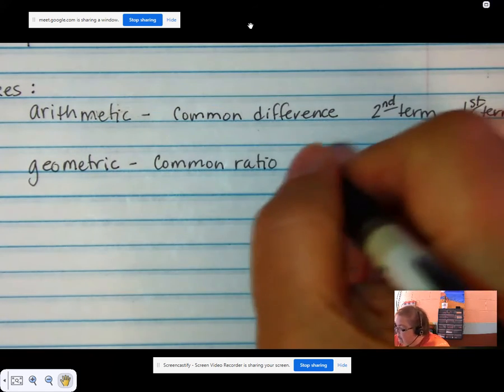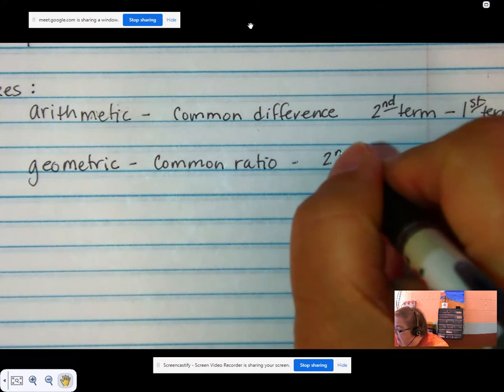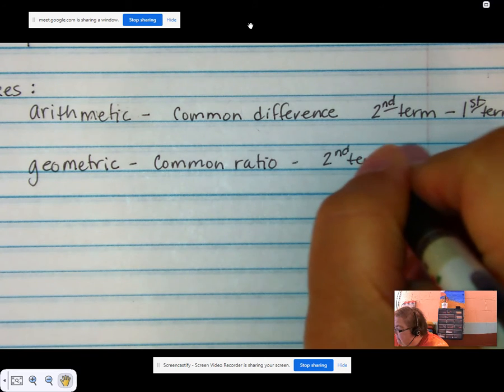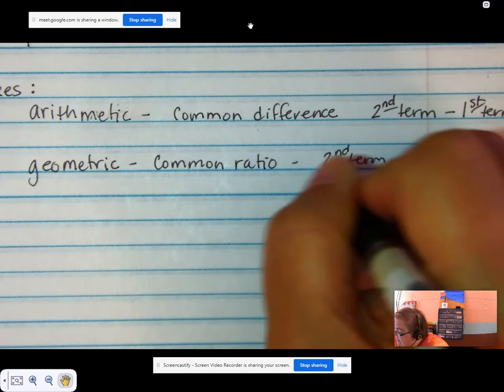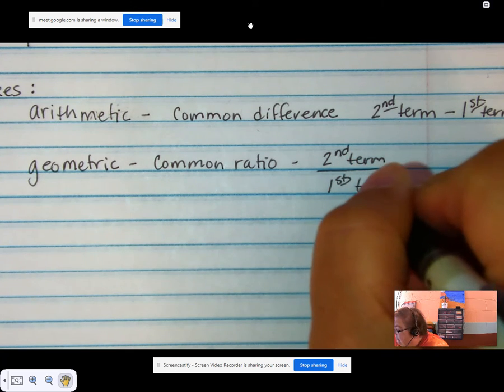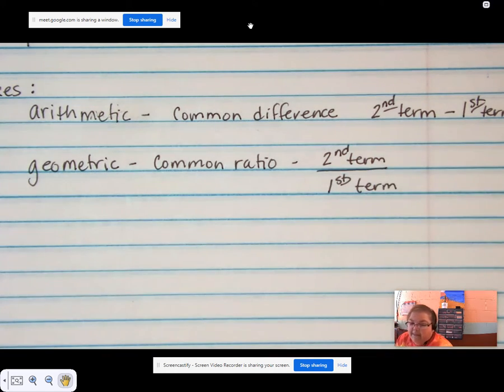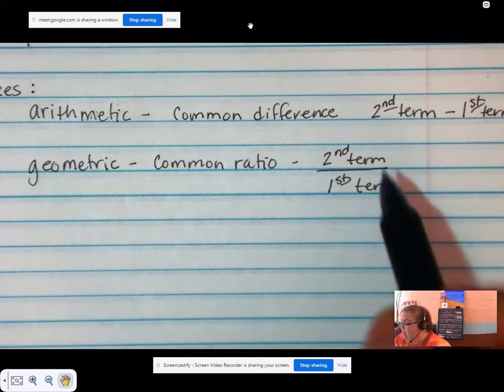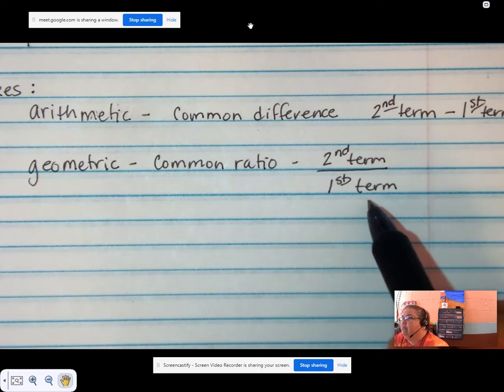A common ratio is the second term divided by the first term. Okay? So this is how we find the ratio.